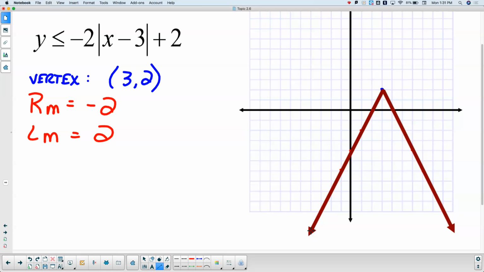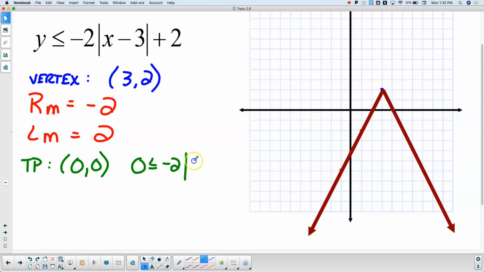Test point. Use the origin. Okay. 0 less than or equal to negative 2 times the absolute value of 0 minus 3, then plus 2. 0 minus 3 is negative 3.